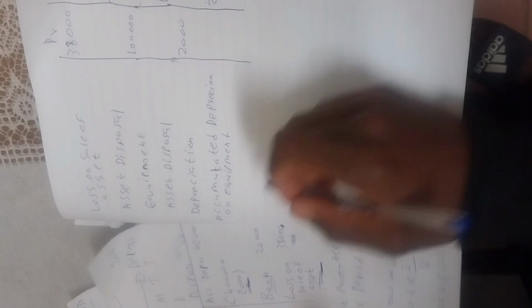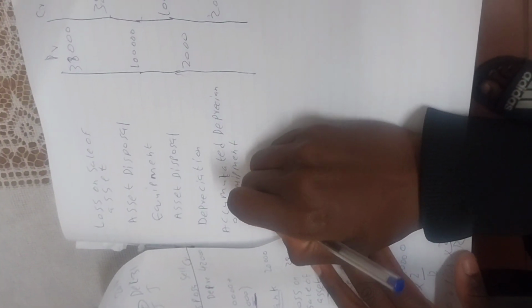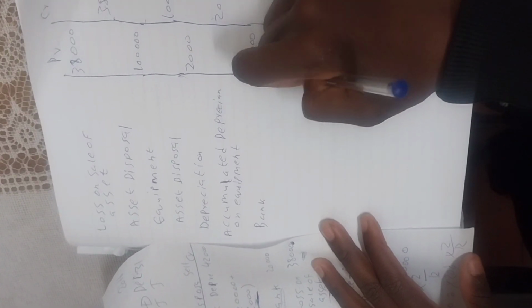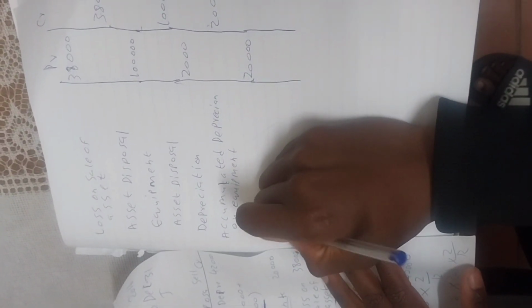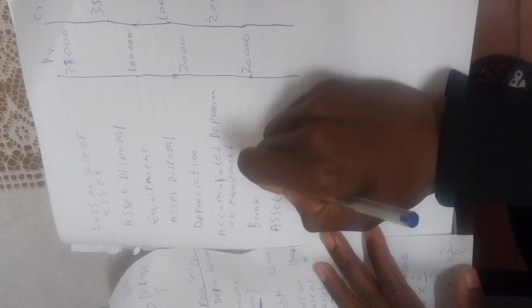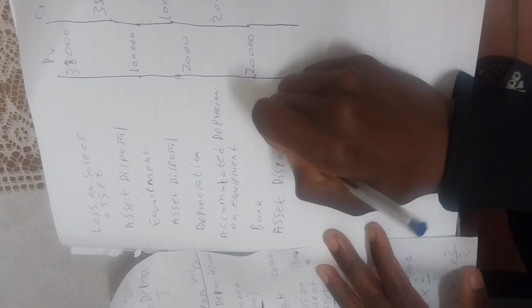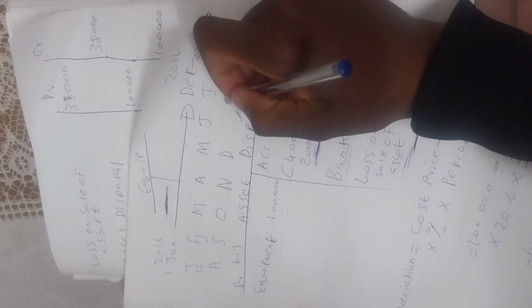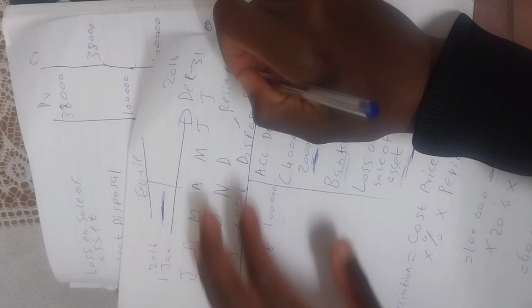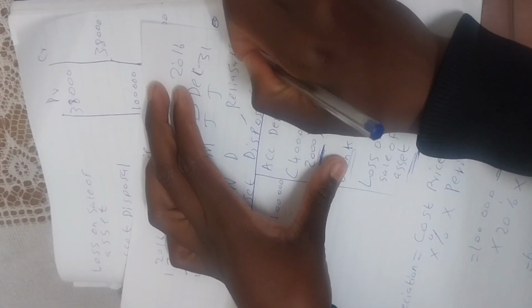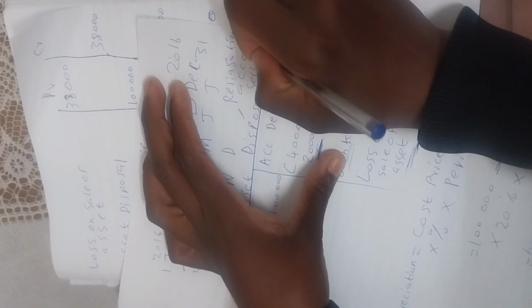Again, oh, we received cash, not forgetting cash. You have the bank account now. Bank 20,000 and asset disposal 20,000. Not forgetting this asset disposal, they can also call it the realization account.